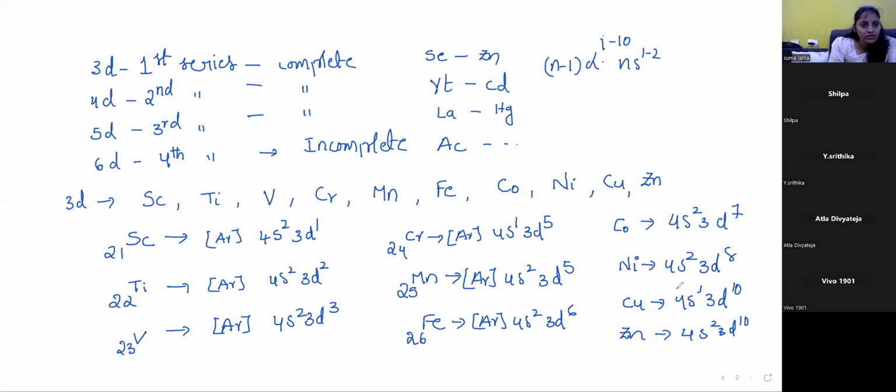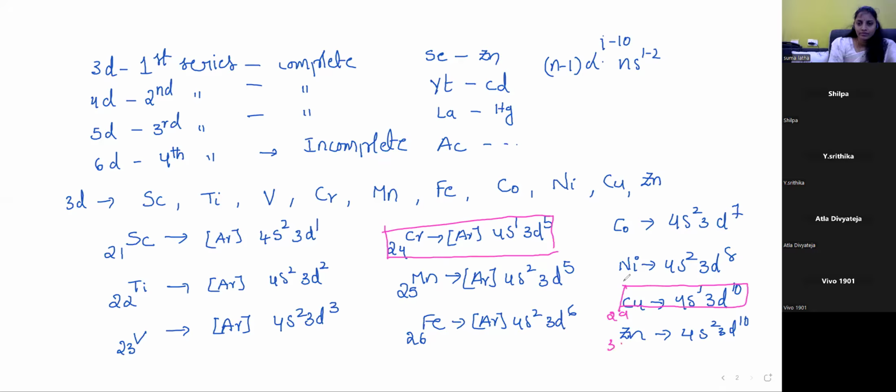So here the observable things are two. What are those? Check chromium's electronic configuration and copper's electronic configuration. Copper's atomic number is how much? 29.